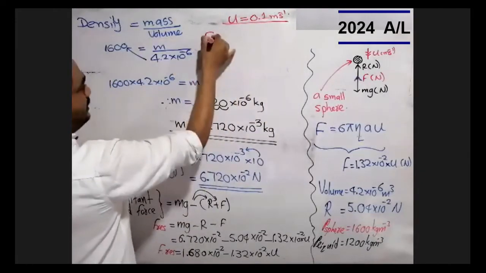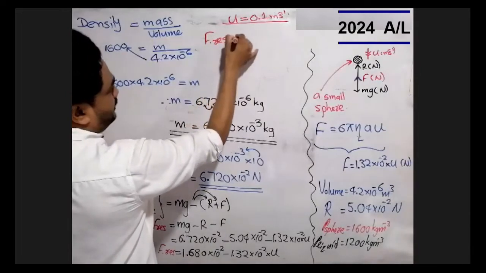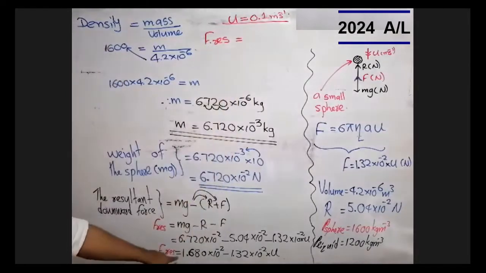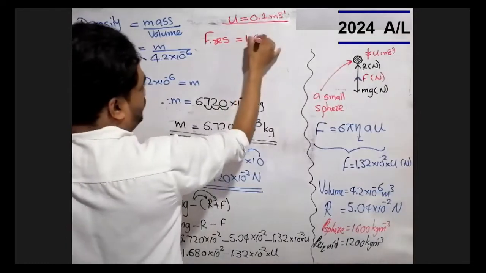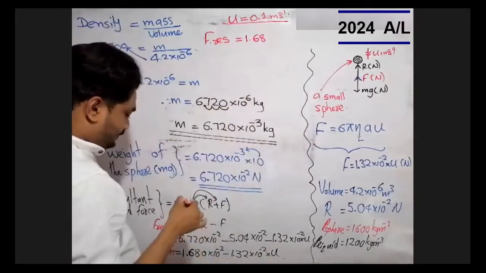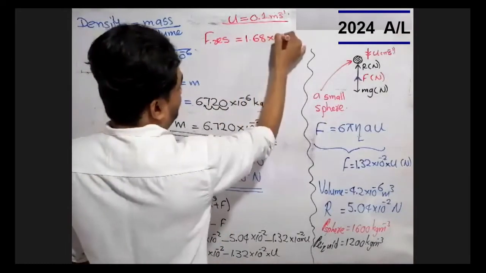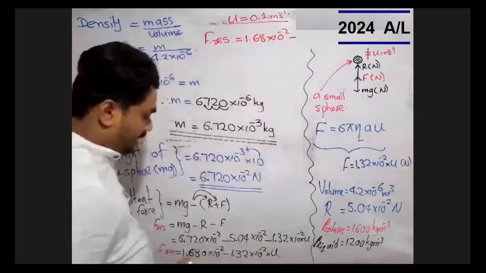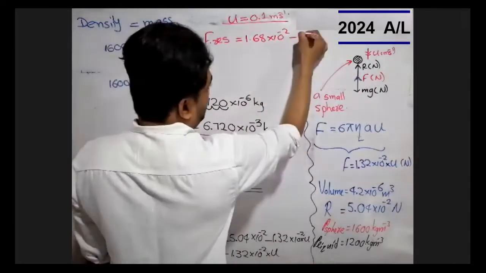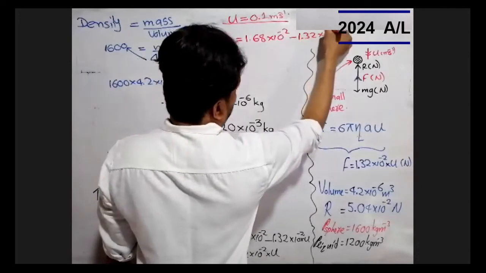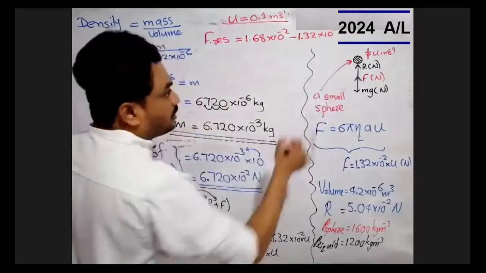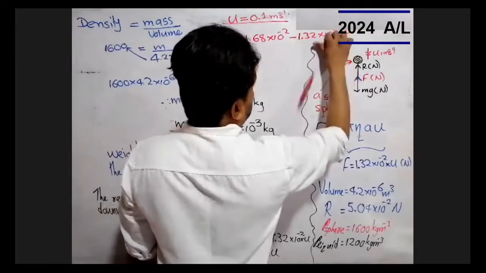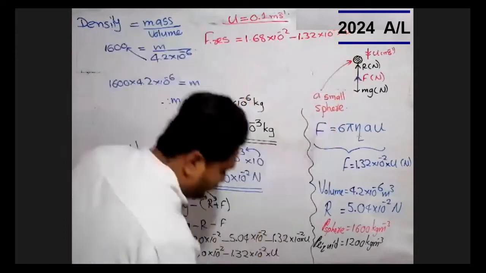So the resultant force acting on the sphere is given by the equation 1.68 into 10 to the power minus 2 minus 1.32 into 10 to the power minus 2 times u. So this is the equation, right?